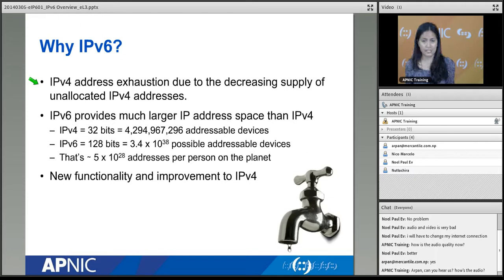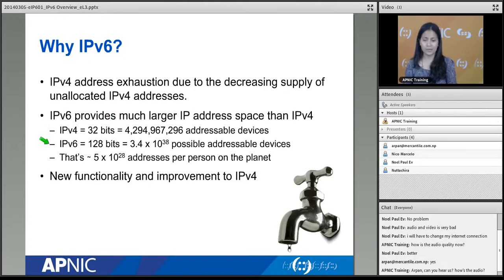Of all the extra features in IPv6, the most important one is that it provides us with a much larger IP address space compared to IP version 4. Now, IPv4, as you know, is 32 bits, which is equivalent to about 4.3 billion addressable devices. IPv6 has 128 bits.